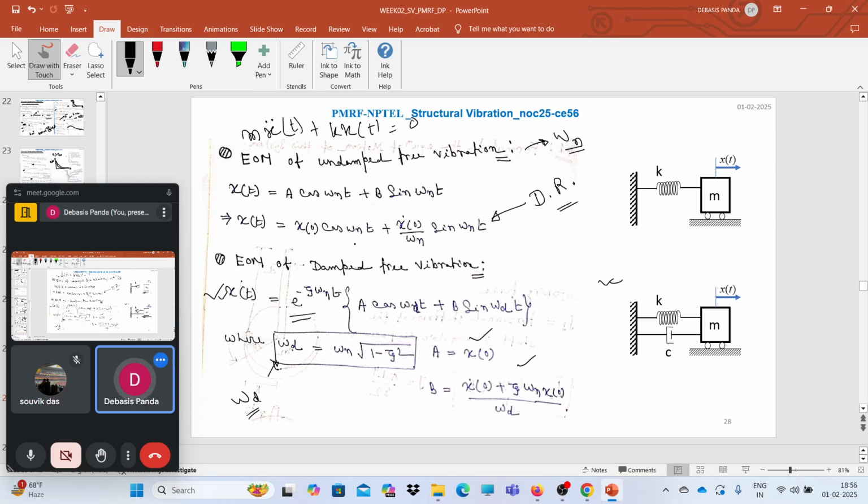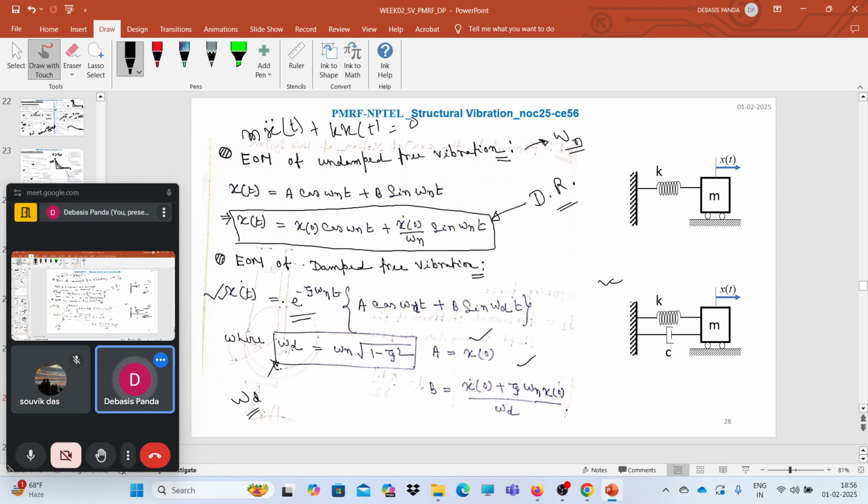So for the free vibration case, we can get the displacement response at any point using this equation, and if we differentiate it with respect to t once, we get the velocity response at any point, and if we differentiate twice, we will get the acceleration response. Previously we already defined this.